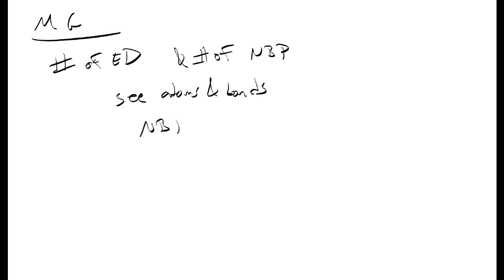Non-bonding pairs are invisible. Whenever we look at these molecules, we don't see the non-bonding pairs. They disappear. So what you do is draw out the electron domain geometry, then erase the non-bonding pairs.